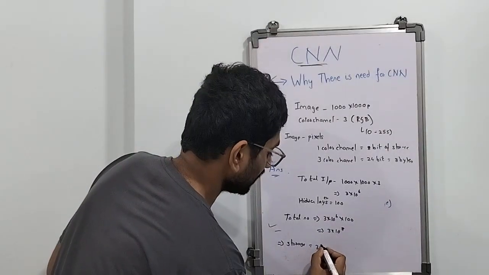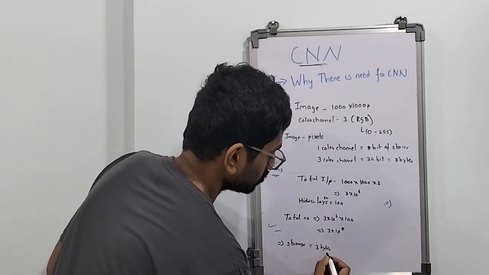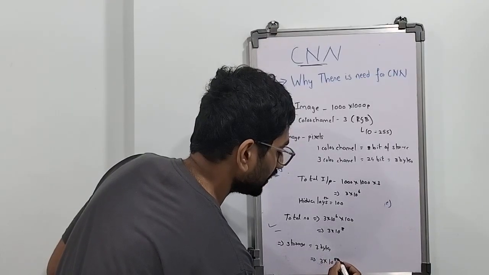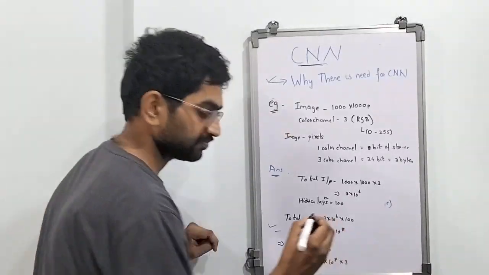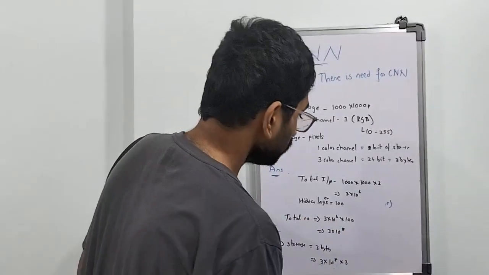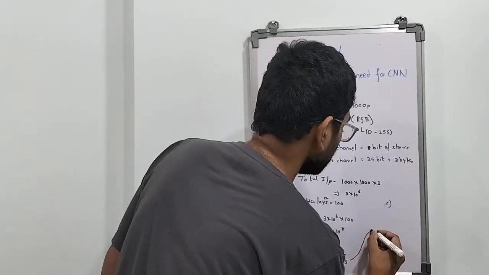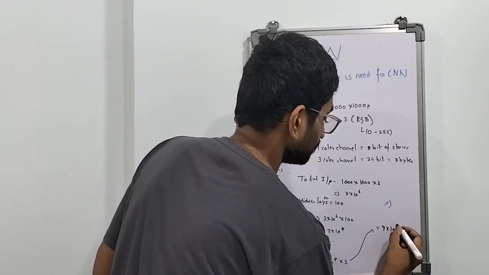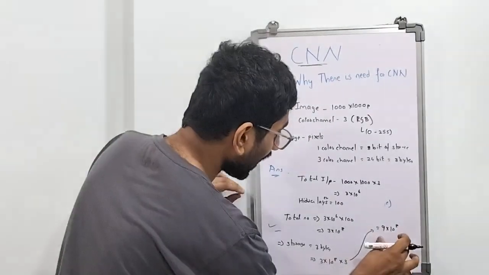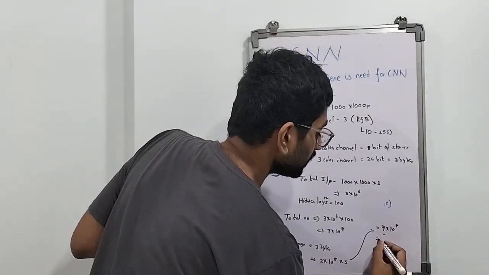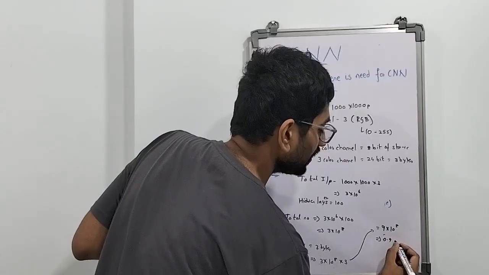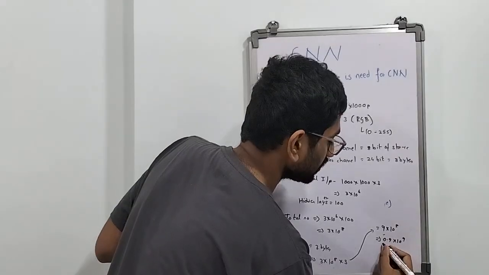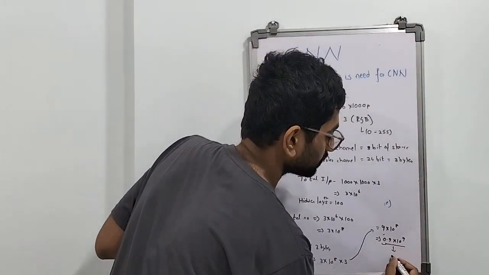So if you multiply 3 into 10 to the power of 8 by 3 bytes, you get 9 into 10 to the power of 8. That means you take 0.9 and get 10 to the power of 9, which is equal to 900 MB.